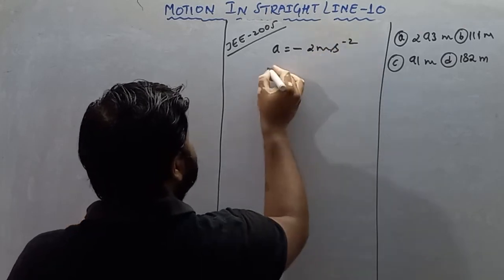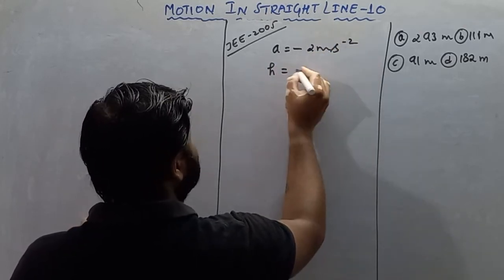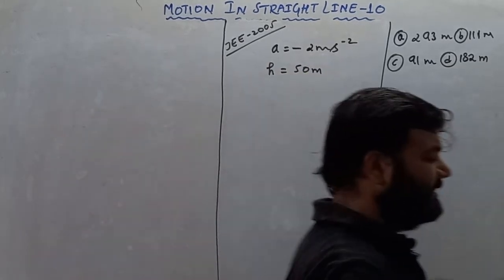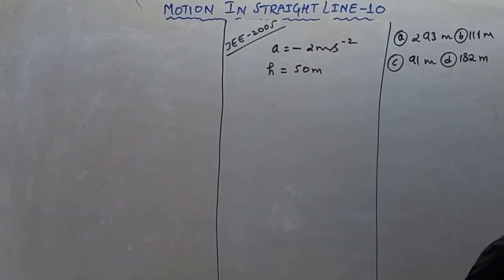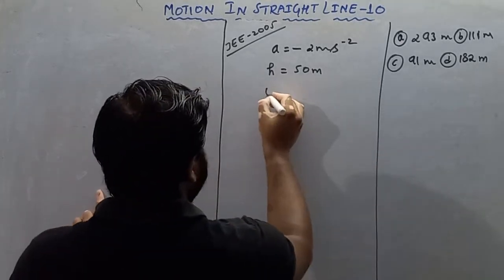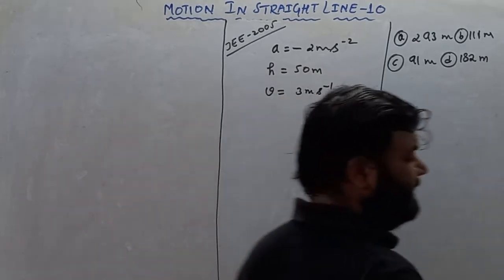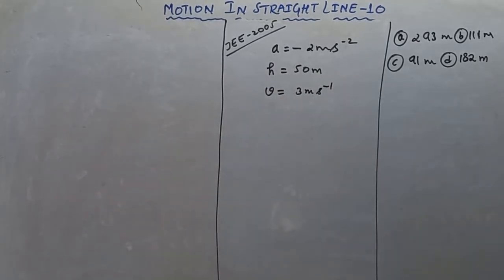Without opening, he travels a distance, let's suppose h, of 50 meter. He reaches the ground with a speed of 3 meter per second. You have to find the height from which he bailed out.